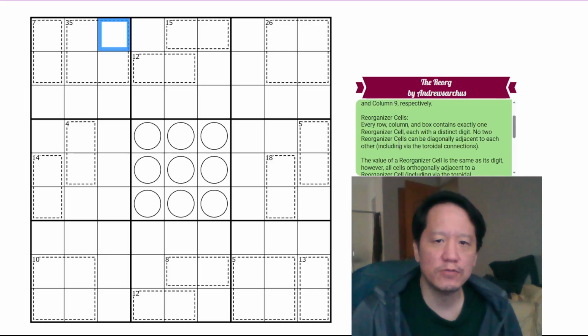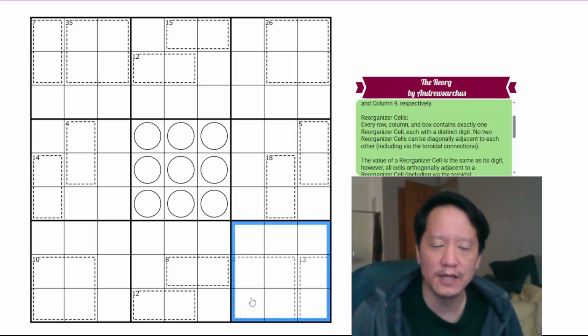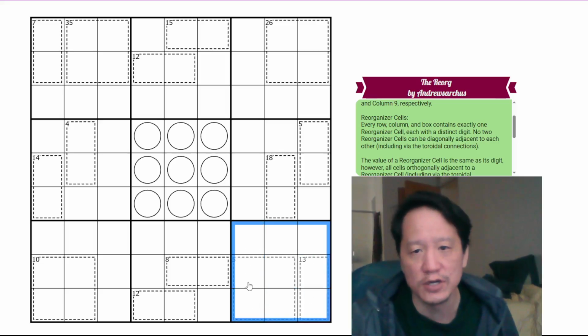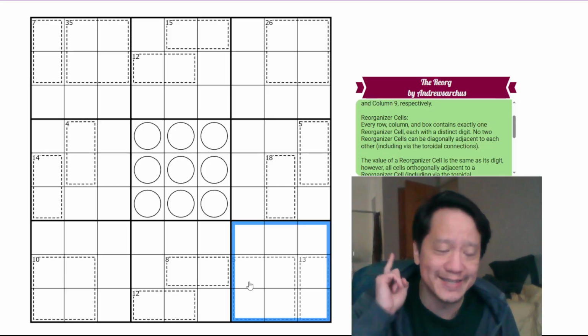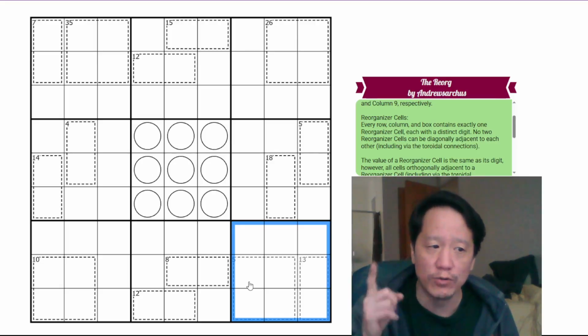Probably. We also have reorganizer cells, where every row, column, and box contains exactly one reorganizer cell, each with a distinct digit. So there are no repeats within reorganizer cells.